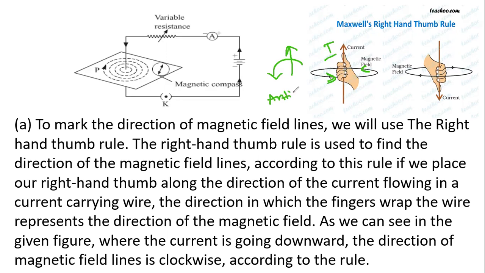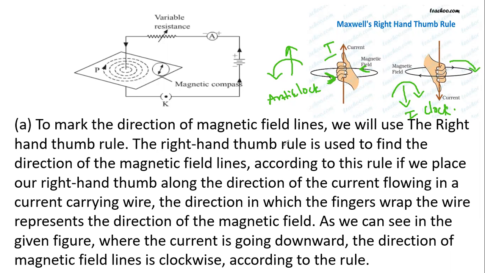When the current is passing downward, then the magnetic field lines will be clockwise. Okay, remember that. A small mistake here, you have to keep it understood. See here, clockwise direction.